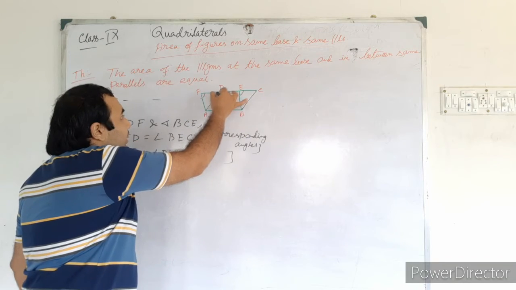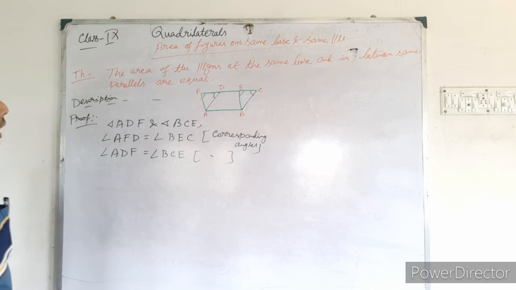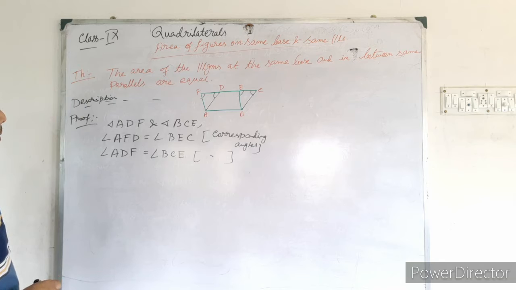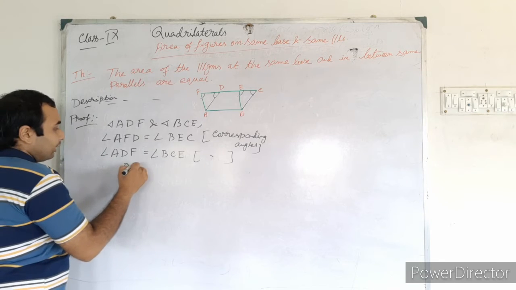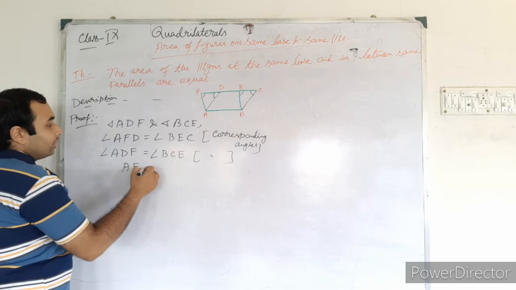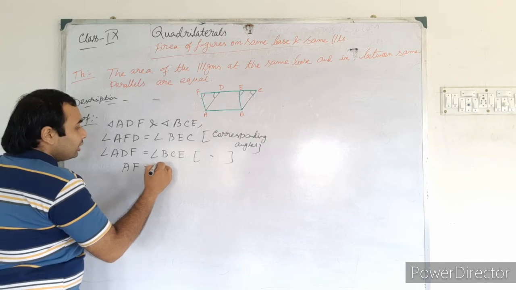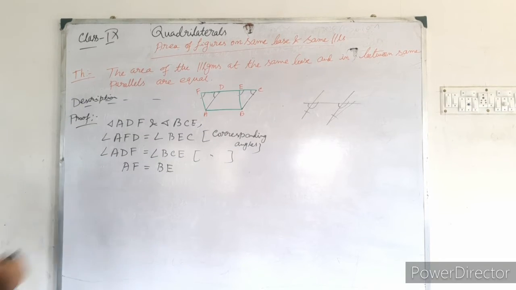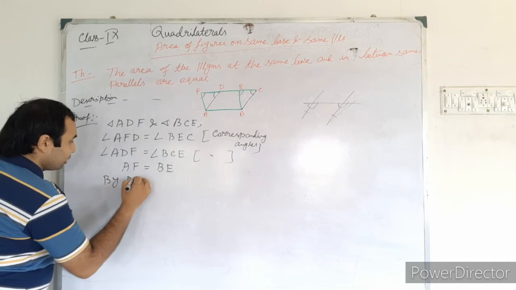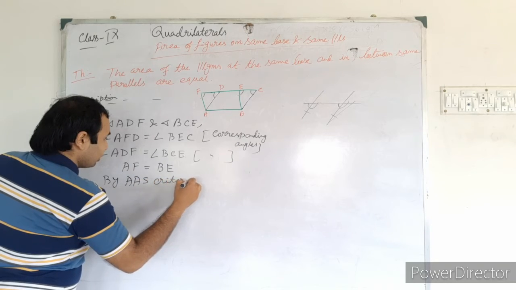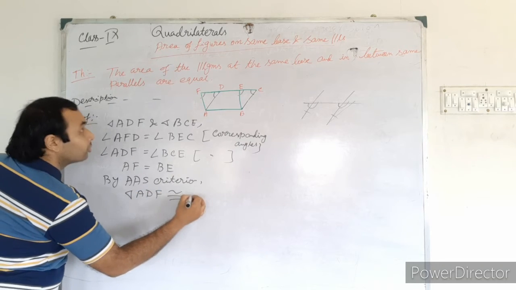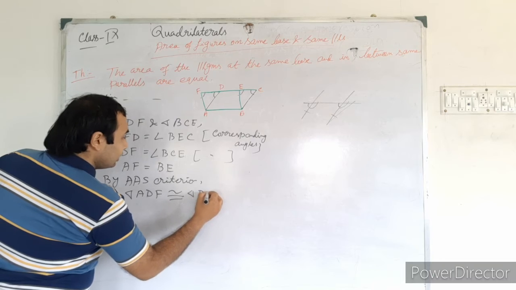Also, AF is equal to BE. So students, by AAS criteria, we can say triangle ADF is congruent to triangle BEC.